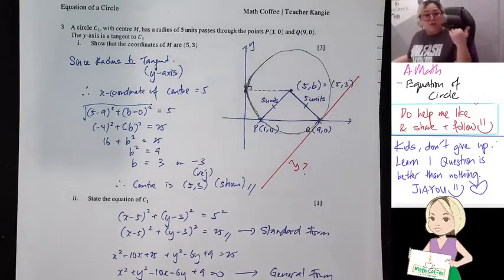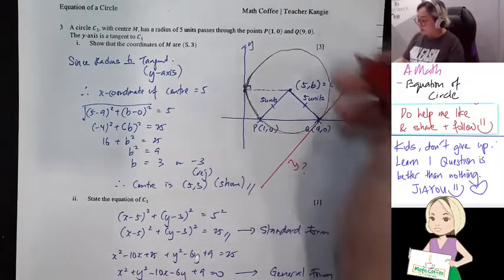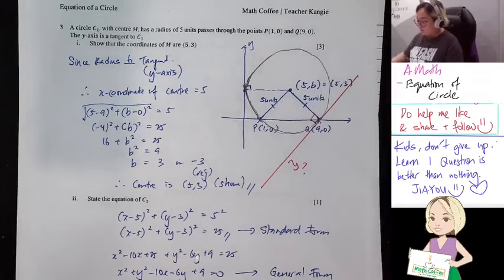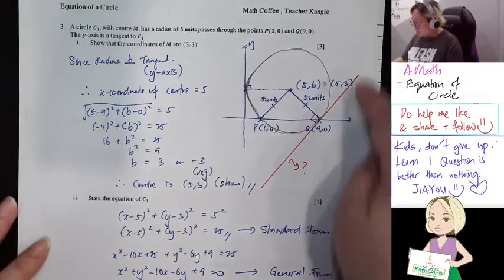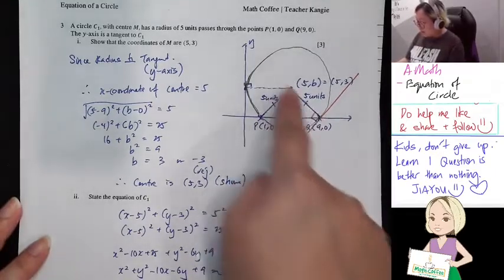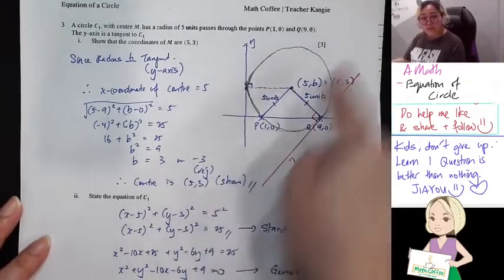Again, the equation of a line is y equals mx plus c, right? So I need to find the gradient of this one. Since this is a tangent, it means that this is 90 degrees. So I need to find the gradient of this radius, then I'll be able to find the gradient of the tangent because m1 times m2 is negative 1.